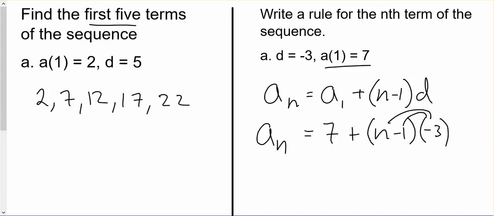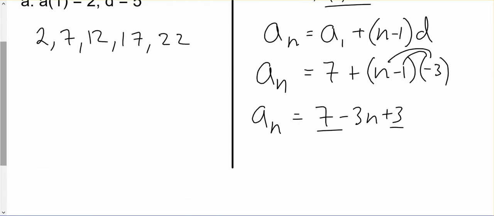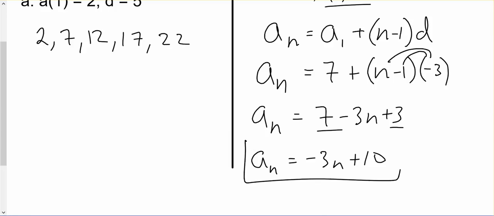We'll multiply in here. 7 plus negative 3 and n. Oh, that makes a negative 3n. And negative 3 and negative 1 makes positive 3. 7 and 3 combine to make 10. So negative 3n plus 10 would be our general rule.